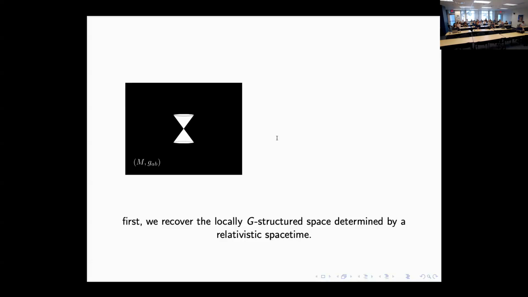What's our best bet? Which one should we be looking to build back M, G? I'm going to have to define this for you. We're going to call it the locally G-structured space determined by the relativistic spacetime M, G. And then we're going to recover the structures back from this locally G-structured space that I define.